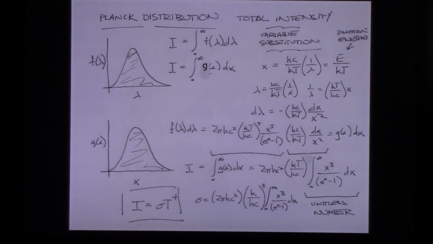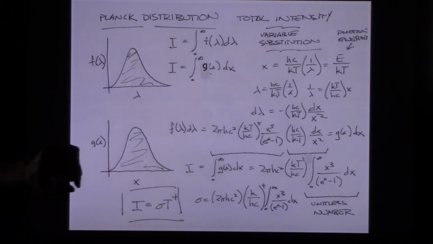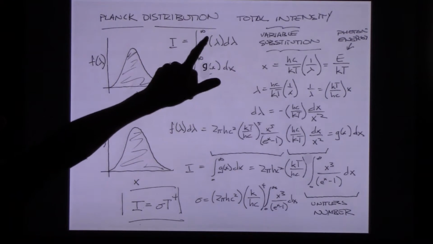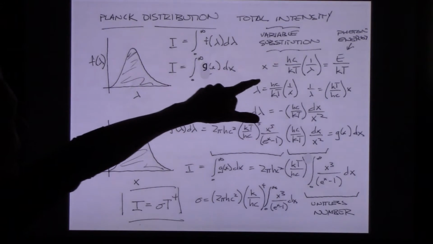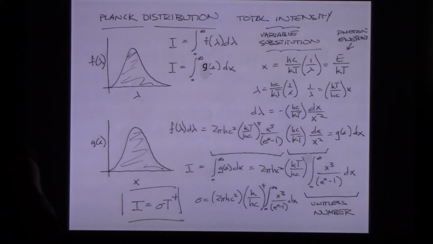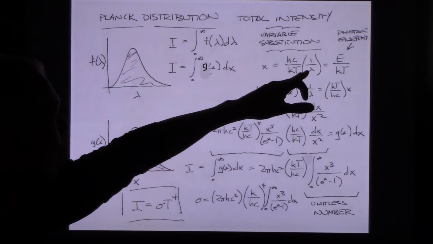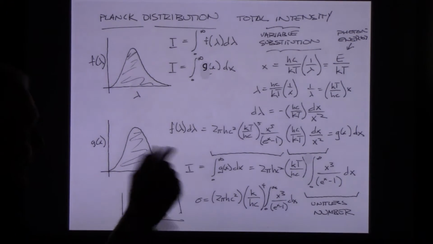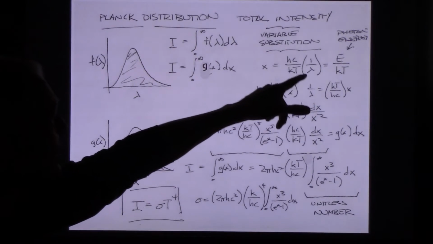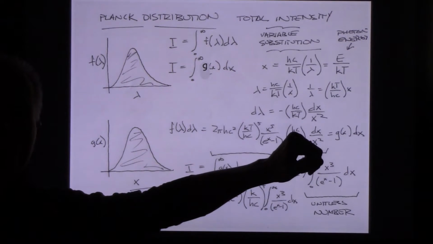So what we're going to do this time, instead of maximizing that function, is take the Planck distribution, the function of lambda, and make the same substitution as before. Now, what I want to point out here is x we wrote in terms of wavelength, but probably even a more important connection is that if you remember, hc over lambda is equivalent to the energy of the photon.